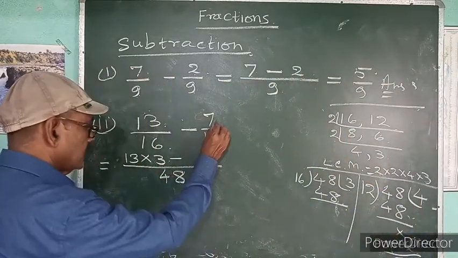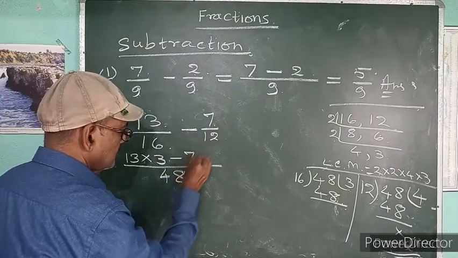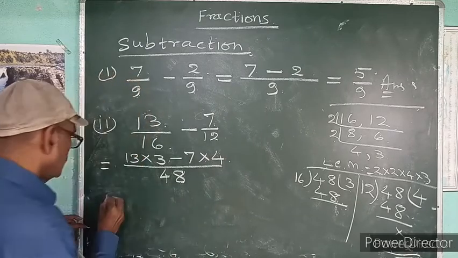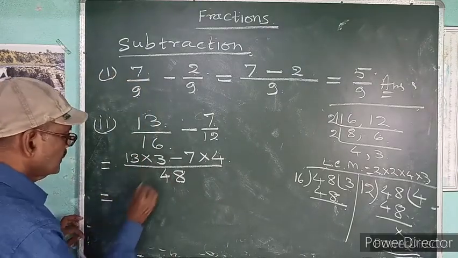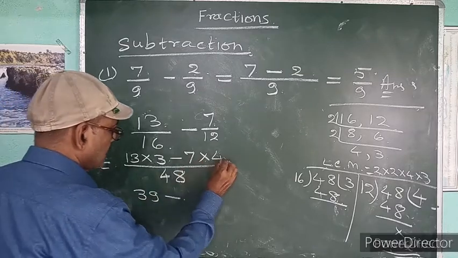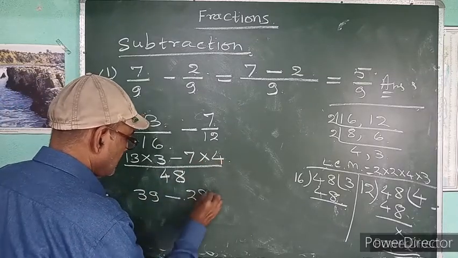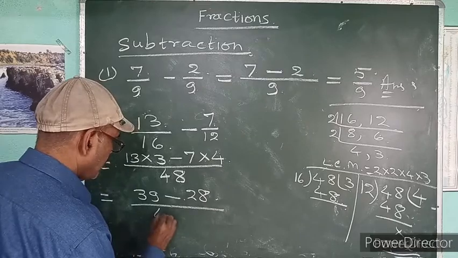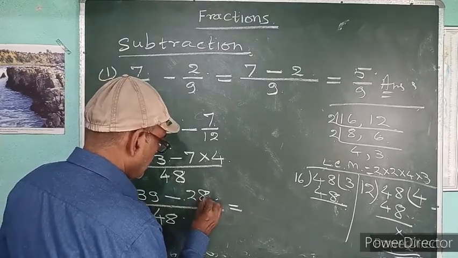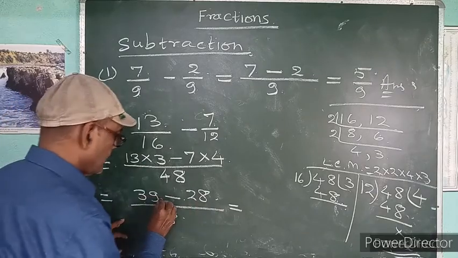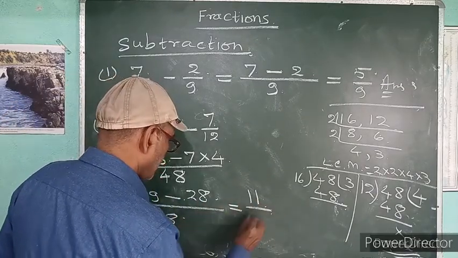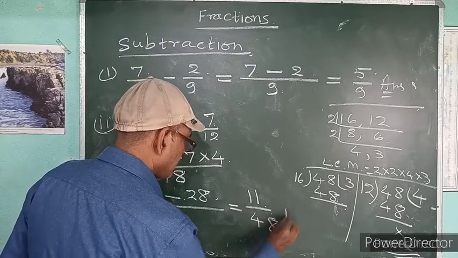So multiply the numerator 7 by 4. Now 13 3s are 39 minus 7 4s are 28 by 48. Subtract 28 from 39, you get 11 by 48 is the answer.